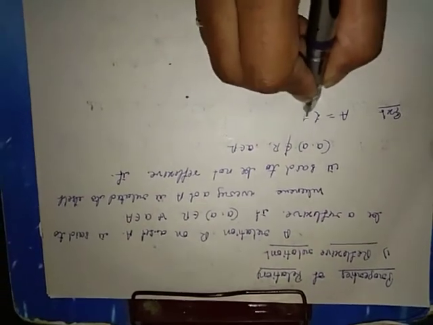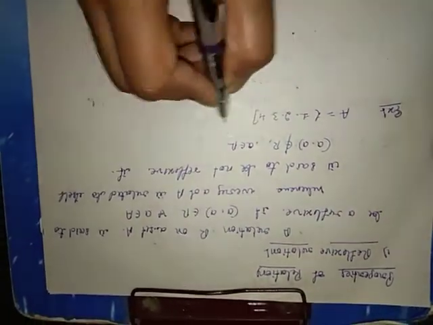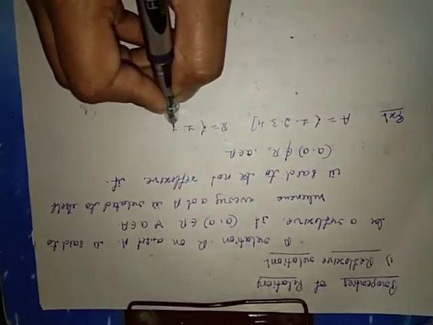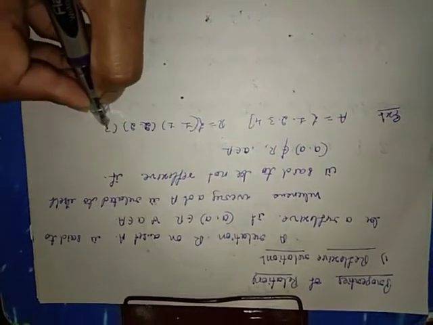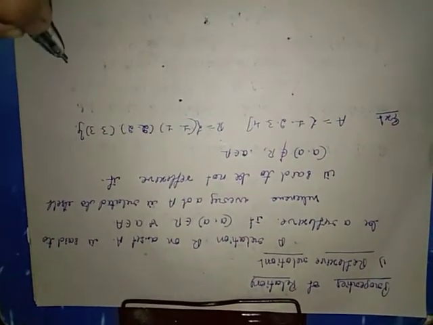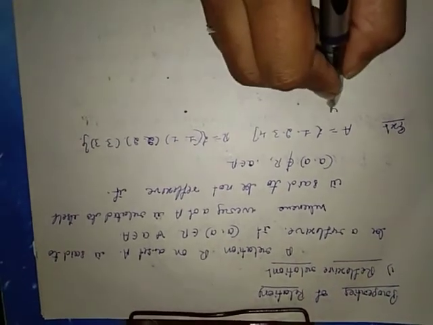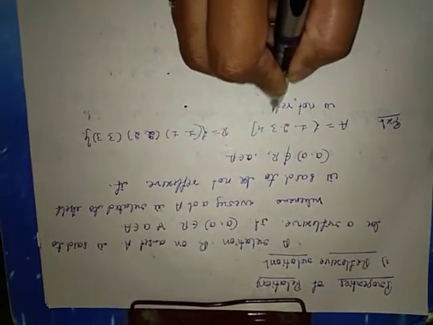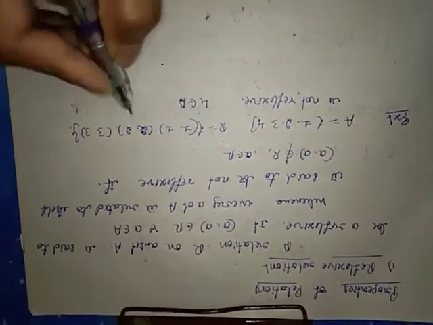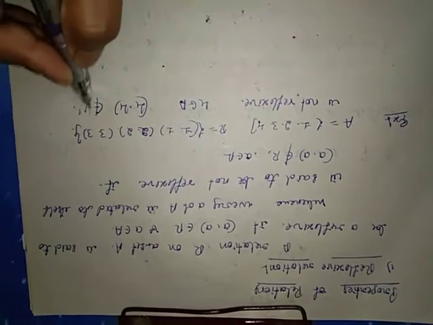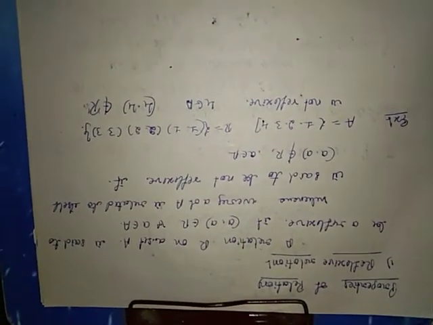For example, A equal to {1,2,3,4} and R is a relation {(1,1), (1,2), (2,2), (3,3)} is not reflexive, because element 4 belongs to set A but (4,4) does not belong to R. Therefore it is not reflexive.